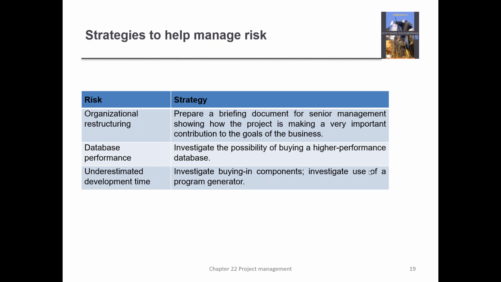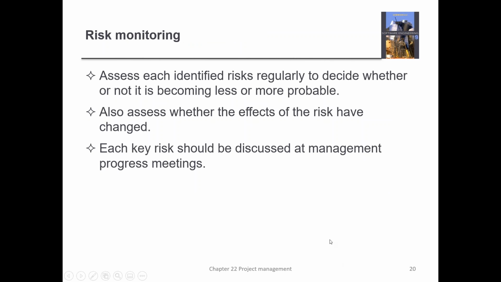All right. Now let us move on to looking at risk monitoring. You've identified your risks, you've prioritized, you've developed strategies to manage your risks or reduce the likelihood of them occurring, but it doesn't stop there. You now have to continuously check to see if the risk is still there, or if the probability that this risk will occur is still high.